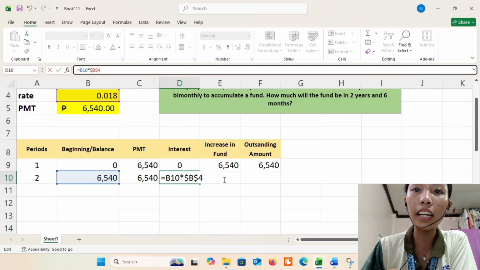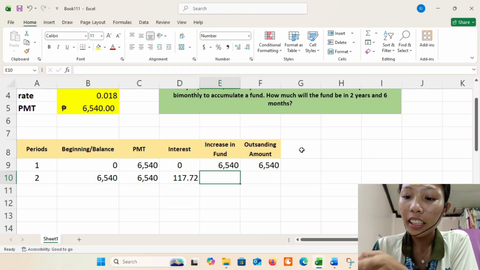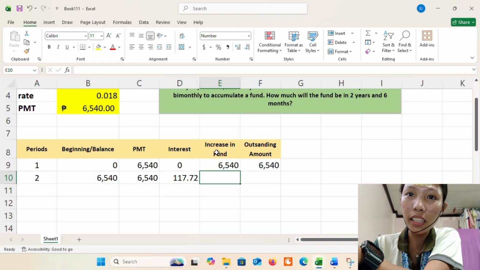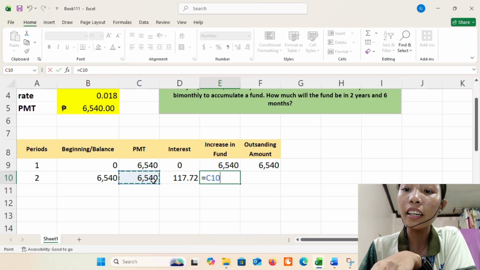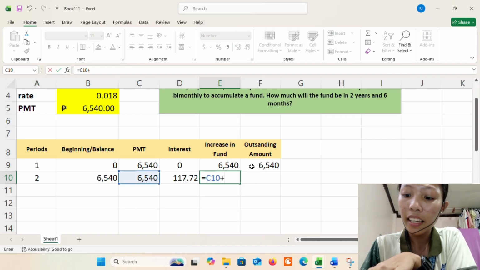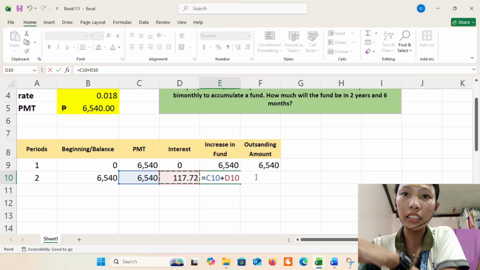Next, so done. And here we have our increase in fund. In the increase in fund, we're going to put another equal sign and select our PMT here. Then let's add the interest. So enter.